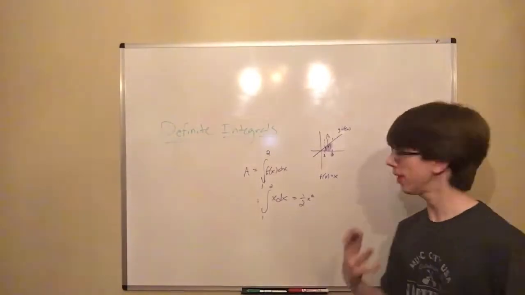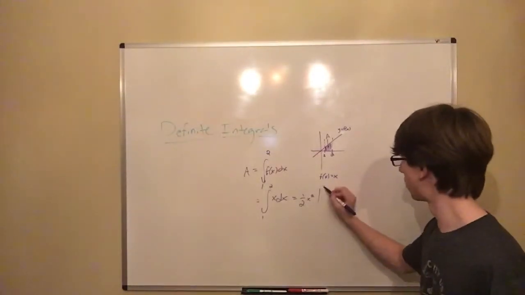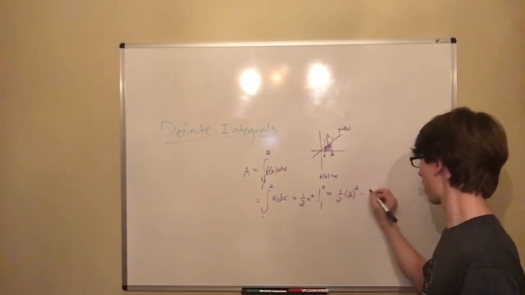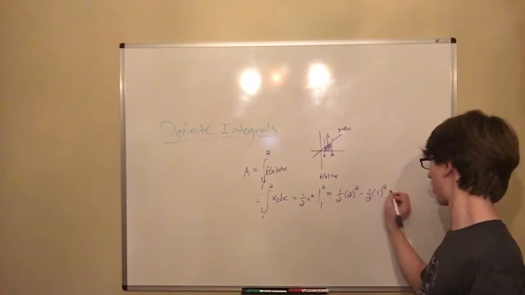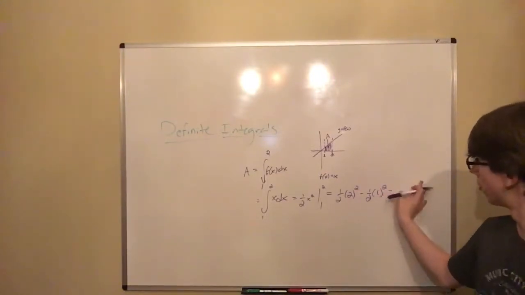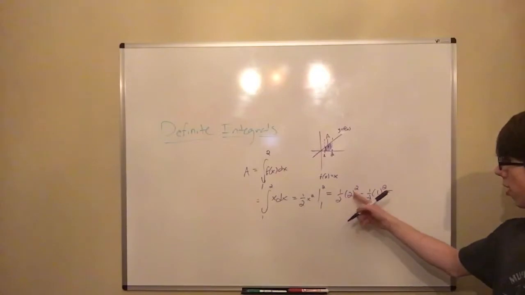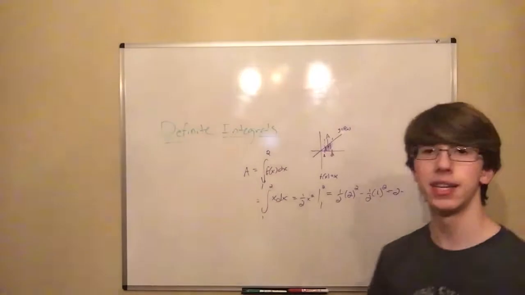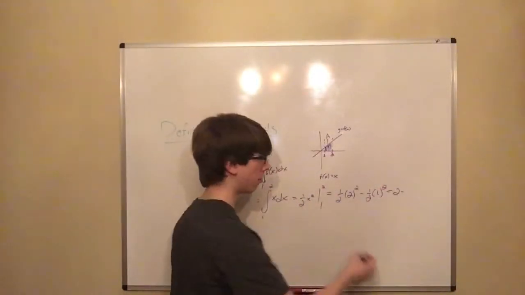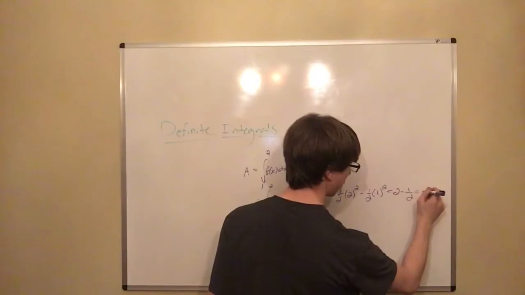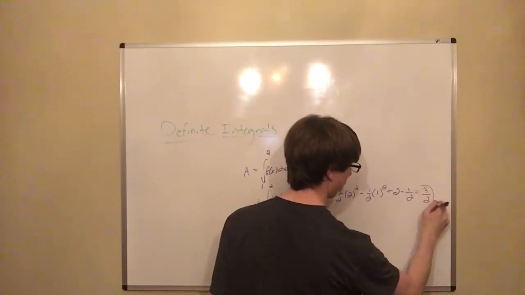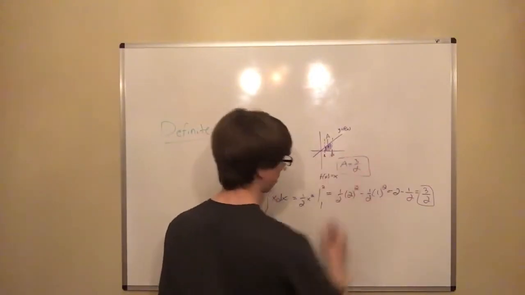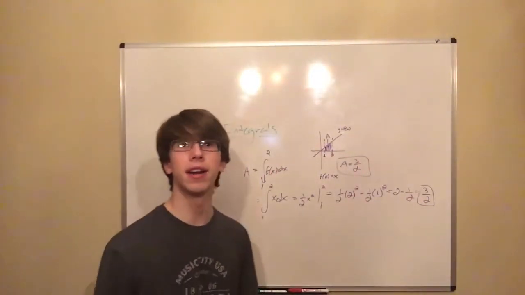And so this means that we're going from 1 to 2, which means that it's 1/2 times 2 squared minus 1/2 times 1 squared, which is equal to 1/2 times 4, 4 divided by 2 is 2, minus 1/2 times 1, which is 3 over 2. So A is equal to 3 over 2. And that's how you would find an area using a definite integral.